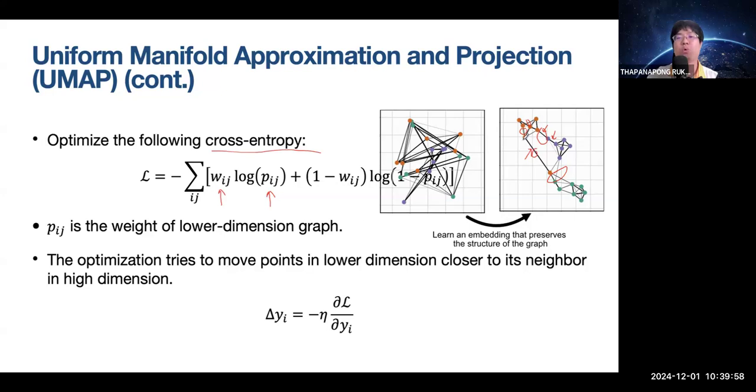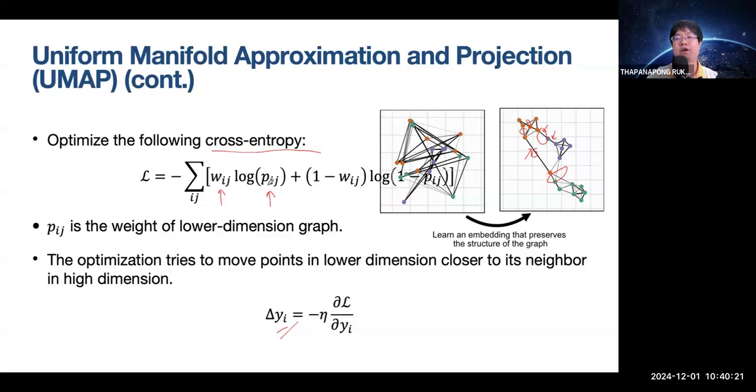so that it's going to move the points, because our points are yi, but in this equation we use Pij. So for Pij here you can use basically the same kernel. Sometimes people use different kernels, but most of the time they use the same kernel in both high dimension and low dimension.